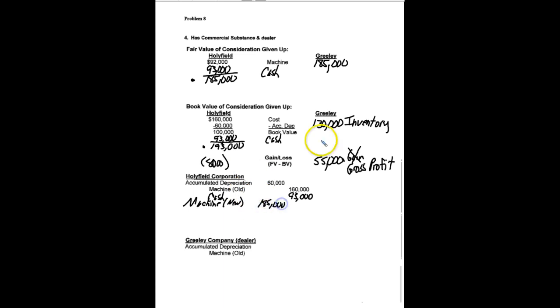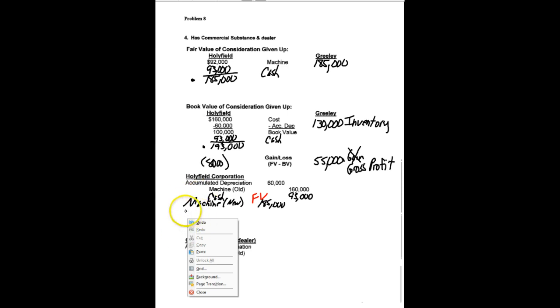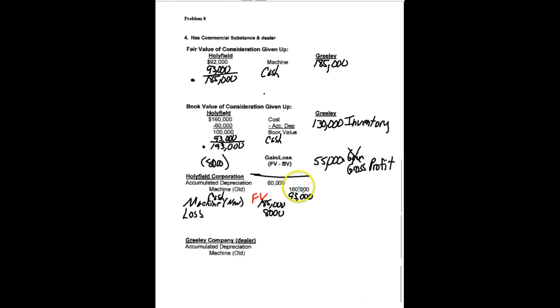The new machine has a fair value of $185,000. And then we also are going to have a loss. They really will have a loss on this transaction. $8,000. Okay, so we have 3 debits and 2 credits.